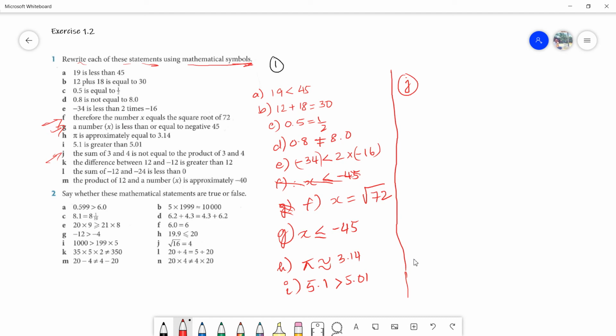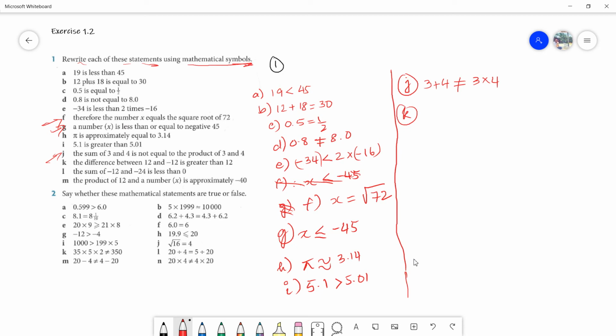The sum of 3 and 4, sum means addition. So the sum of 3 and 4 is not equal to the product of 3 and 4. Okay.